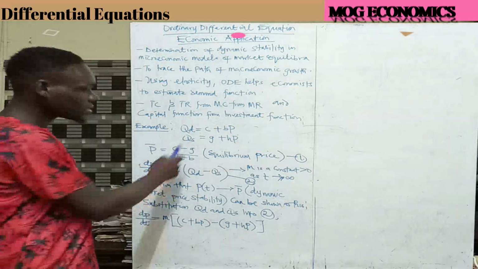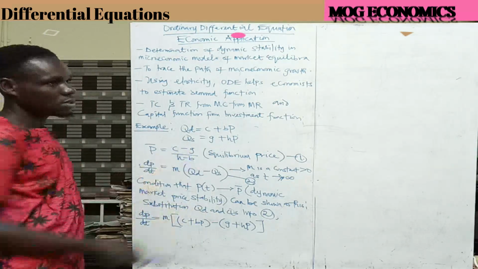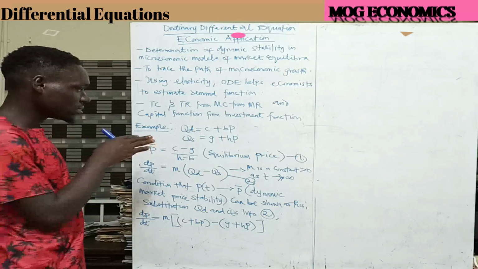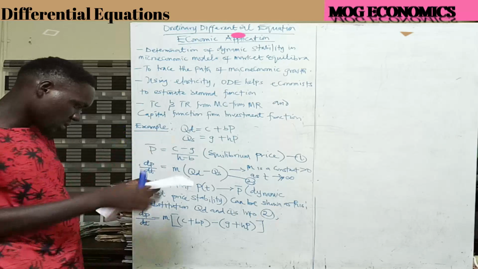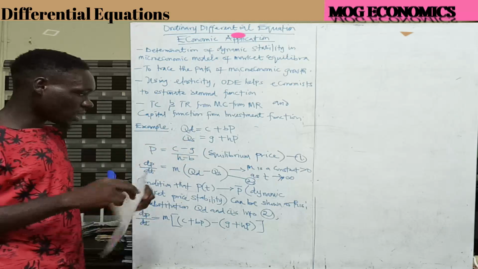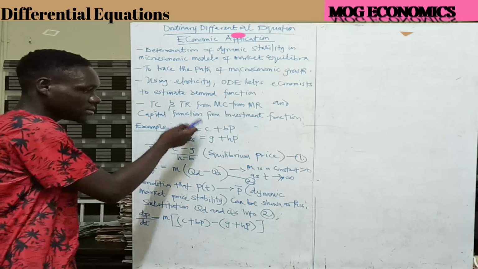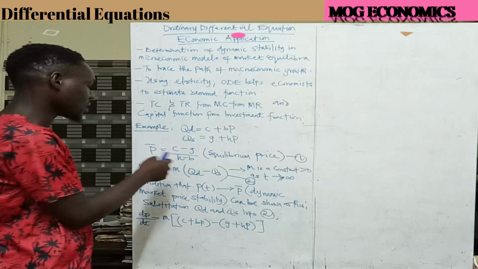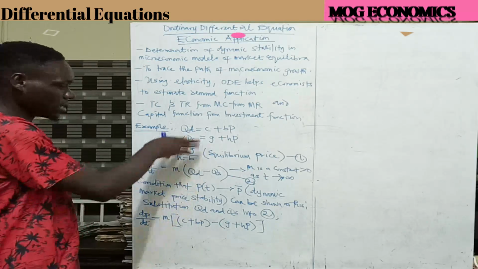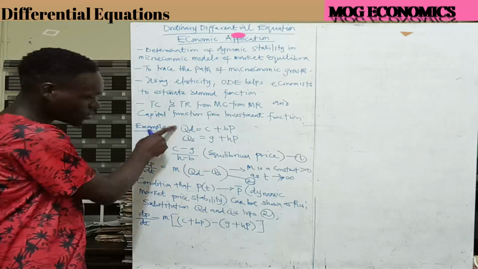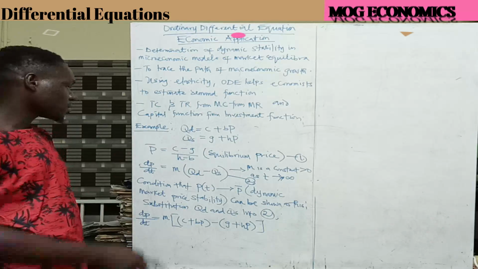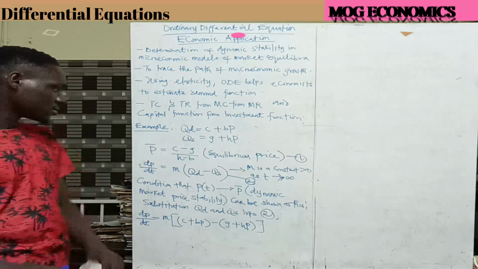When we were looking at the concept of difference equation, we looked at something like this where we equated the quantity demanded and supply function, and then we got a price. This is the equilibrium price, gotten by equating these two and solving for the price.